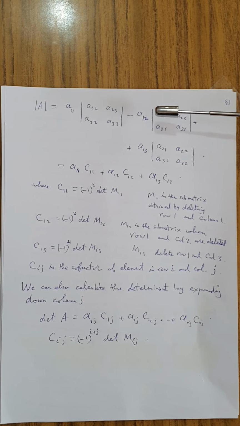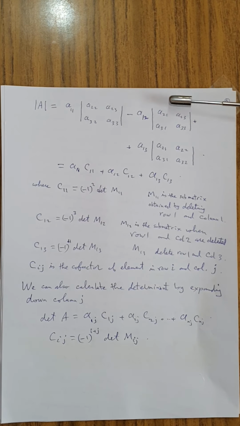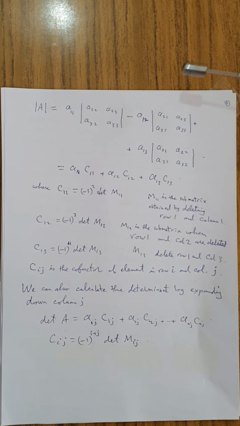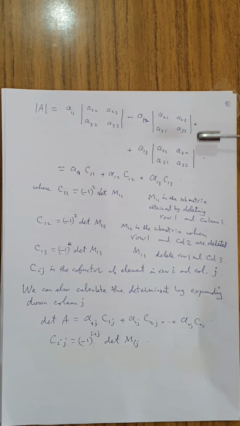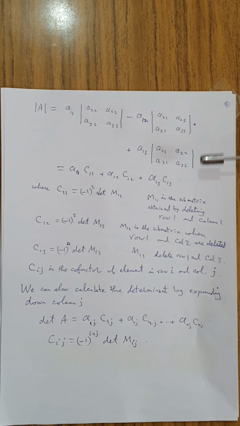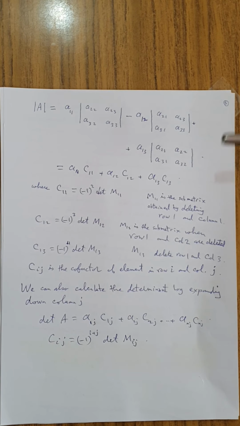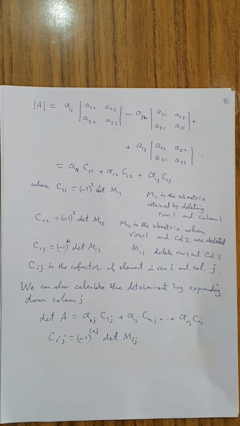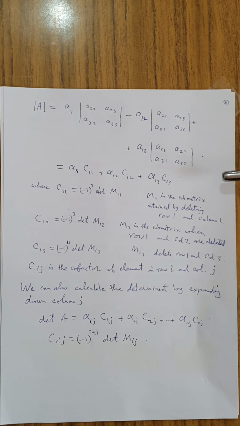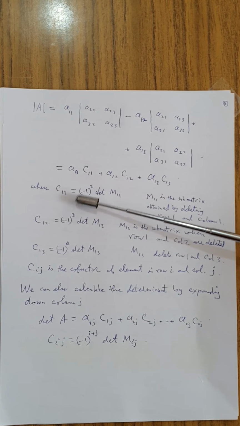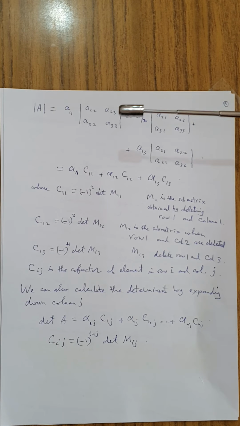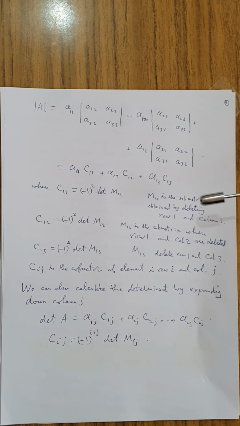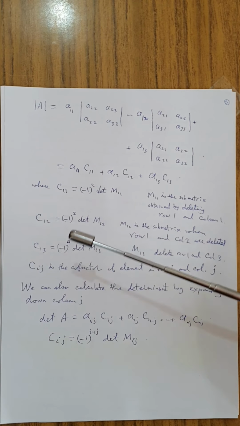Then we have the second one, A12 times the determinant obtained by deleting the first row and the second column. The last one is A13 times the determinant obtained by deleting the first row and third column. So we can write it in compact form as A11 C11, A12 C12, A13 C13.